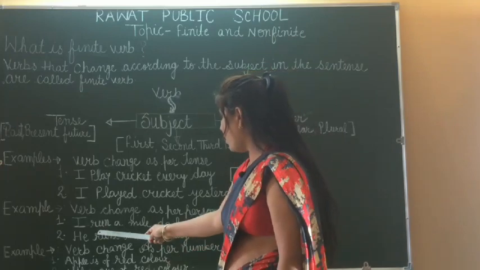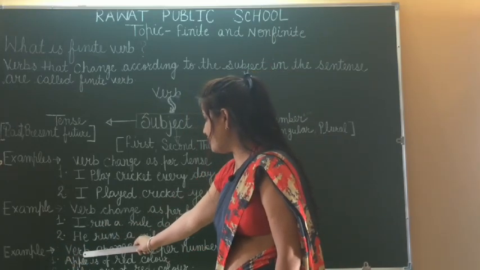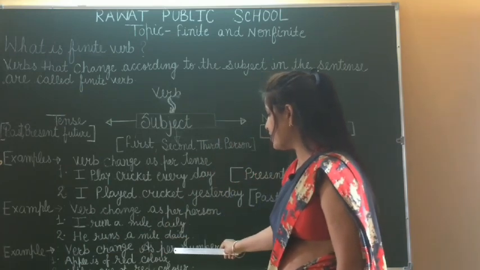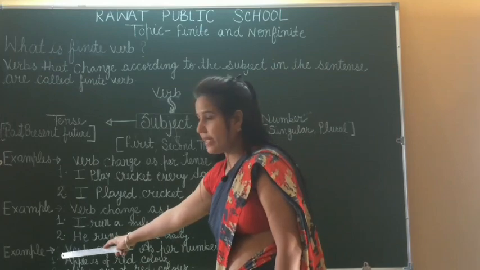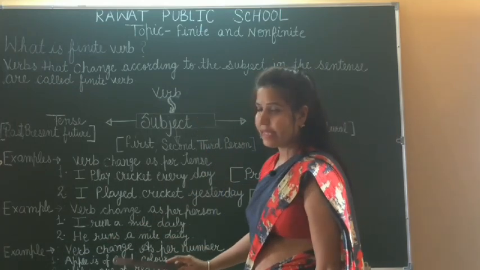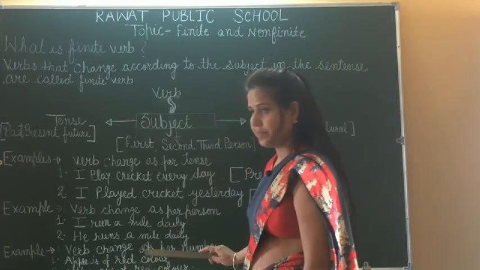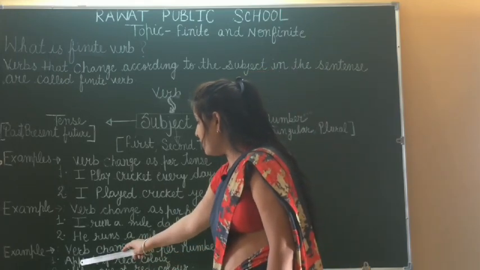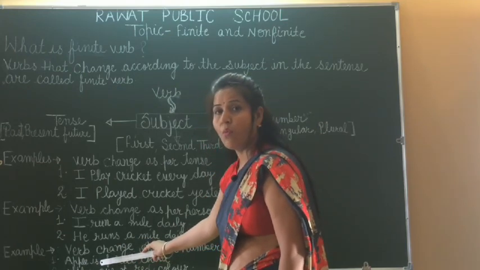Now the third parameter of a finite verb is that the verb changes as per the number of the subject. Let's see the example: Apple is of red color. Apple is a singular subject and is is a verb.